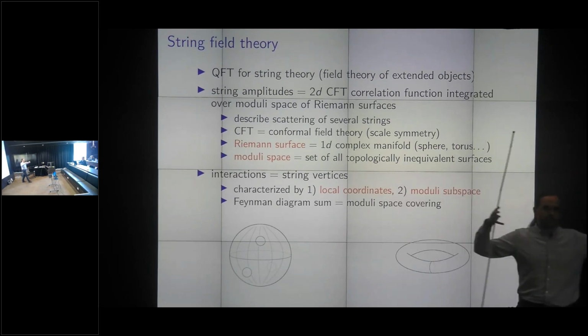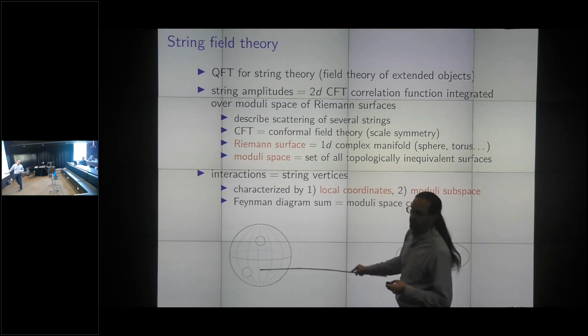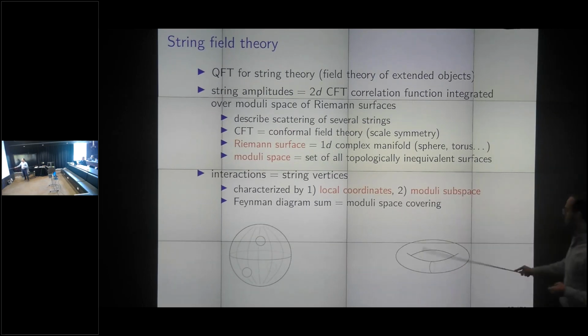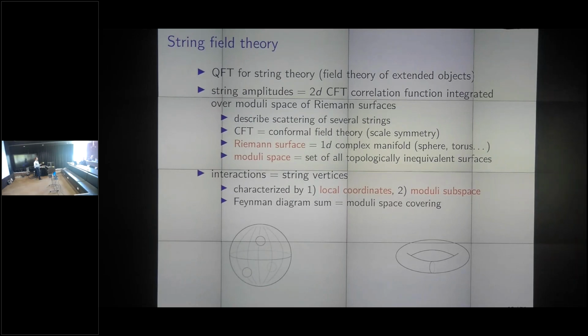If I attach my strings there, the strings will interact in this region of spacetime. In the same way, if you take this torus, cut some holes and attach strings, it will be like strings interacting with one virtual quantum string running along a loop. So that's why you see Riemann surfaces, very basically.